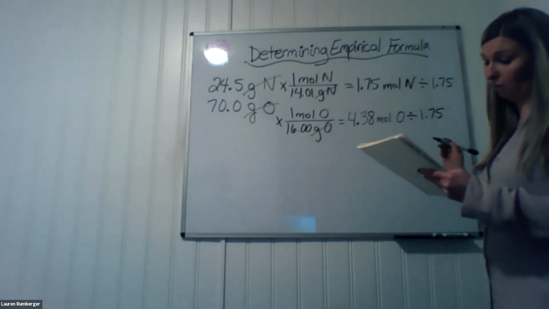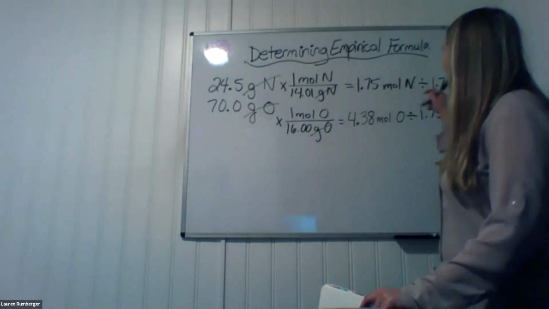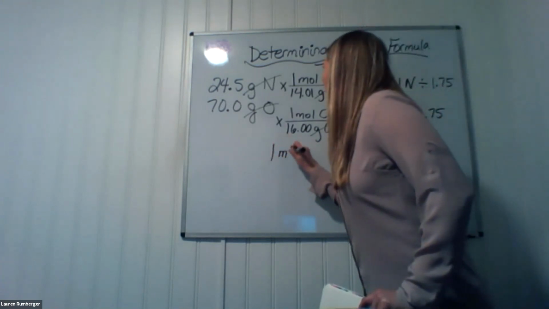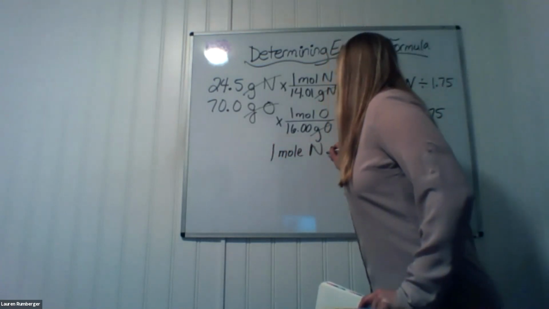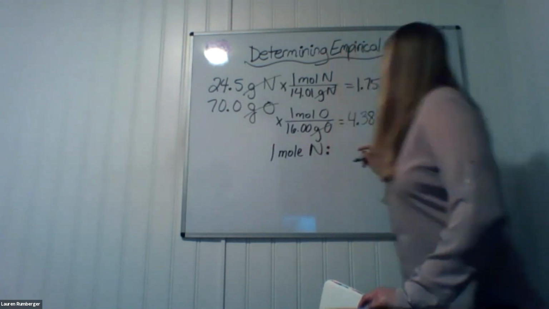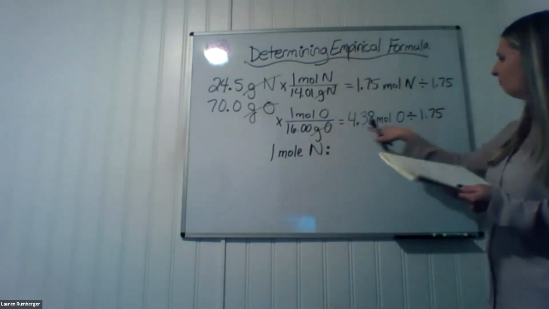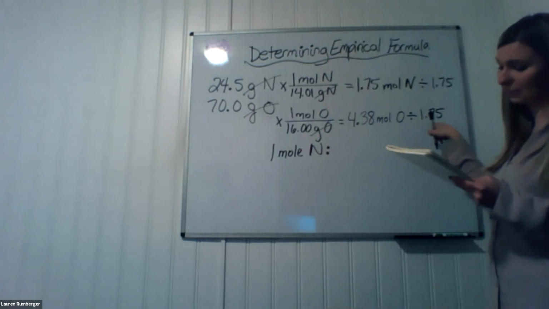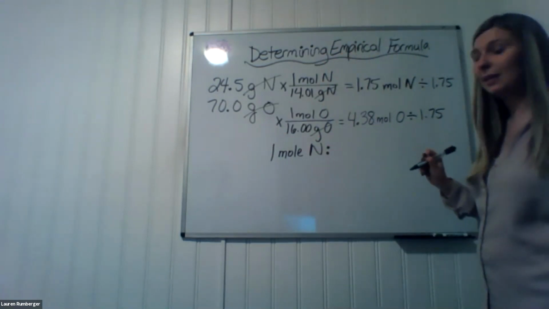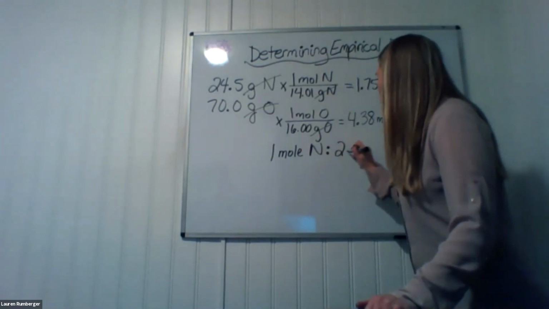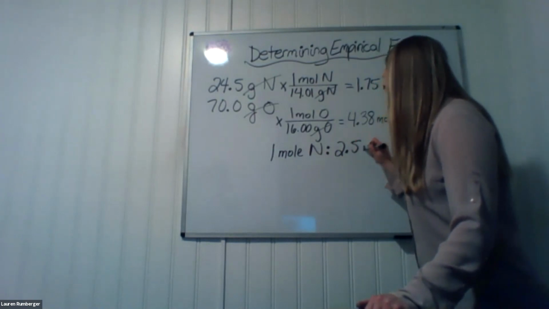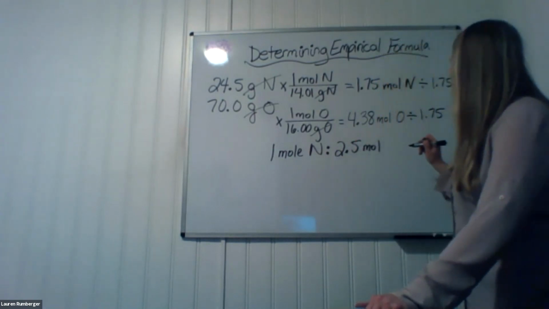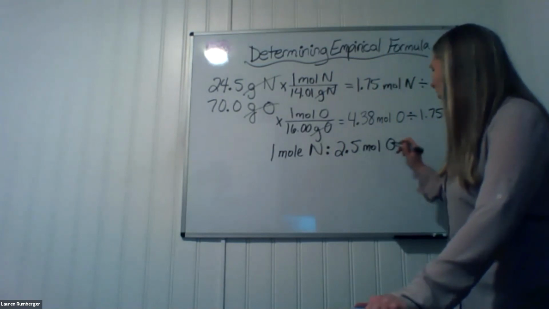And what this will give you then is 1 mole of nitrogen to, when you divide 4.38 by 1.75, what you get here is 2.5 moles of oxygen.